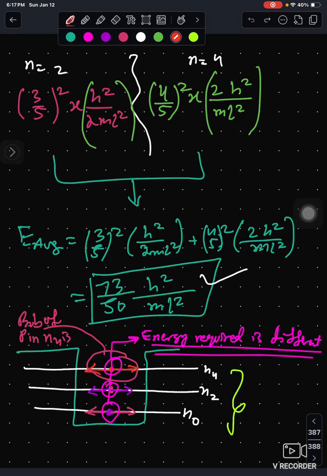Wait, let me just make a brighter one. This one is better. 4/5 squared, and if it is in n2, it is n2 squared, which is 3/5 squared. And yeah, that's it. Thank you.